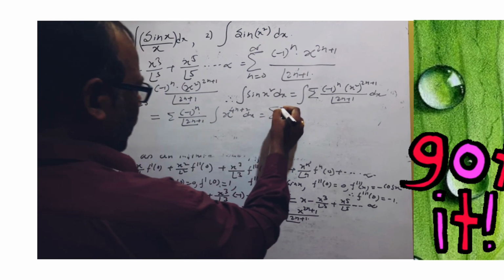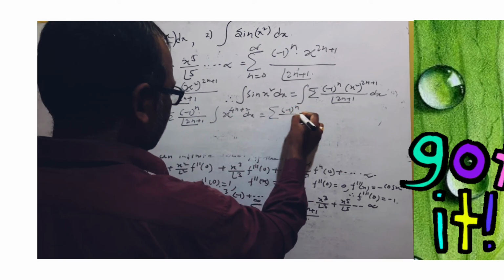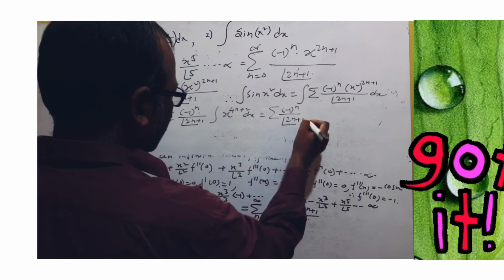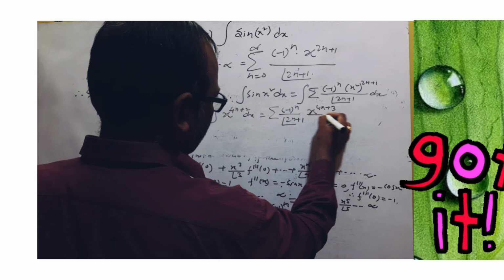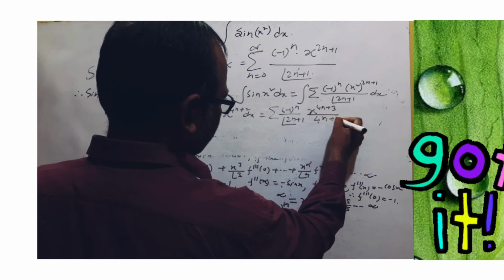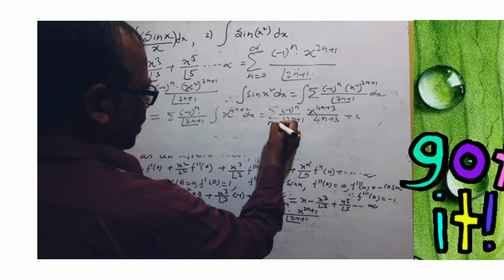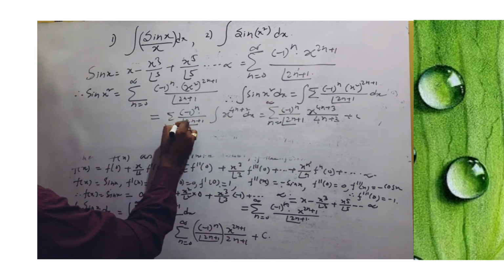This is minus 1 whole to the power n by factorial 2n plus 1, times x to the power 4n plus 3, whole divided by 4n plus 3, plus c, from 0 to infinity.